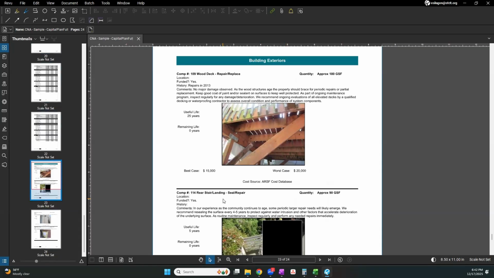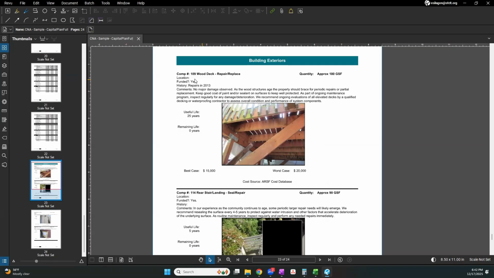The final part of this package is where they go through each component, share a photo of what that component was that they identified. They'll have the useful life, the remaining life, and then a best case and a worst case scenario for the replacement of that component. They'll have the quantity.